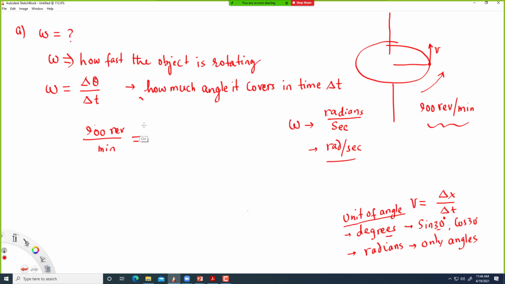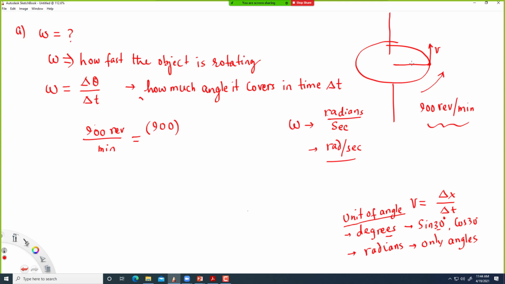So 900 revolutions. In one revolution, how much angle is covered by this reference line? Starting from here, it revolves and then comes back to the same line.